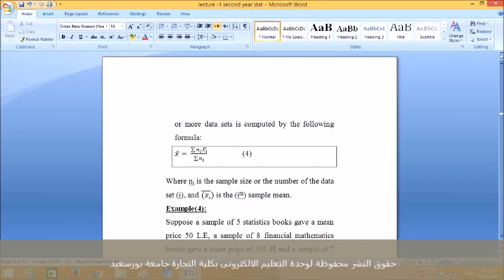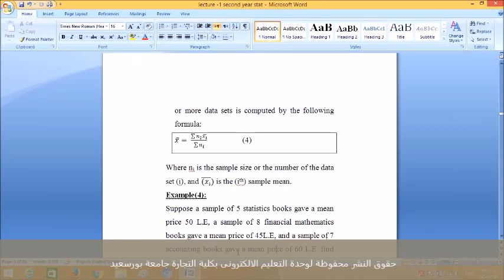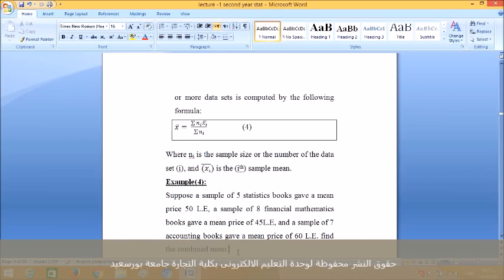A sample of 8 financial mathematics books gave a mean price of 45 pounds, and a sample of 7 accounting books gave a mean of 60 Egyptian pounds. So we have 3 types of books.